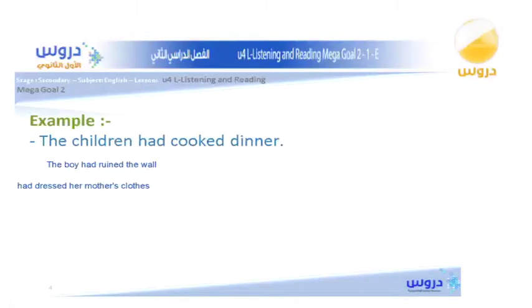Okay. So they had cooked dinner, and the boy had ruined the wall, and the little girl had dressed in her mother's clothes. Those are the kinds of examples that we use to describe this picture. Here are the boy that we talked about, and the little girl, and this is one of the examples already mentioned.